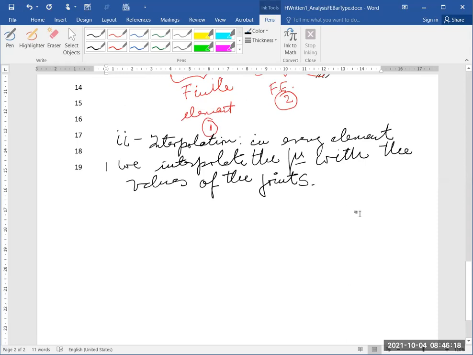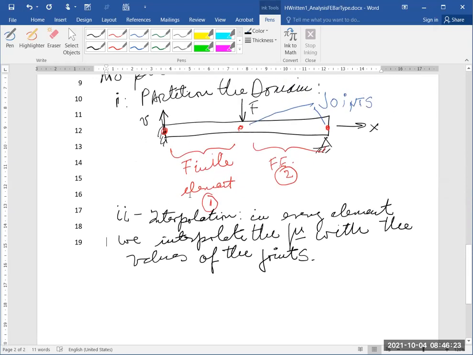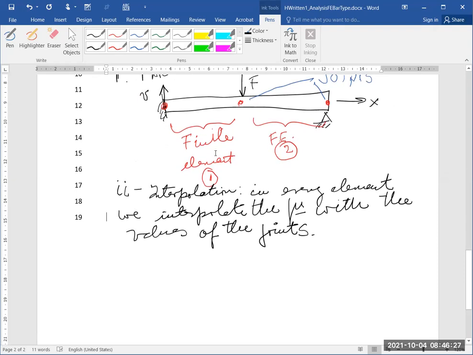Interpolation for each element. For example, in the case that we are explaining here, let me change color just in case. Let me use this value here.